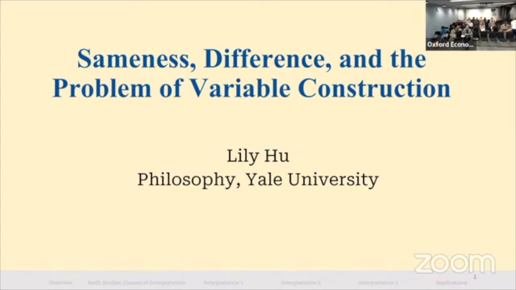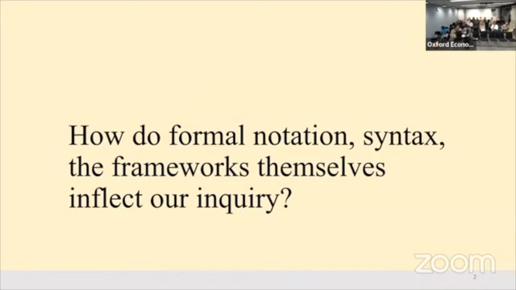Okay, so the big question I want to ask is, how does formal notation, syntax, and the formal frameworks in causal inference themselves inflect our causal inquiry and our normative inquiry?